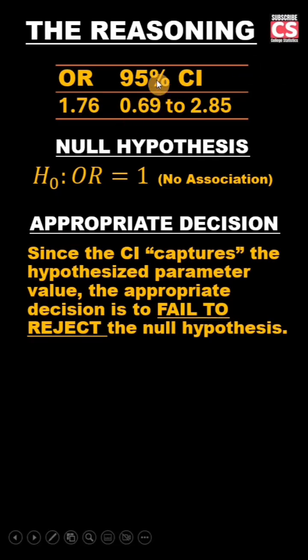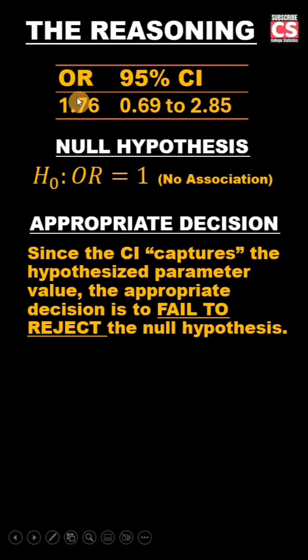So having a lower confidence bound that suggests protection, decreased risk, and an upper confidence bound that suggests risk, they don't agree.